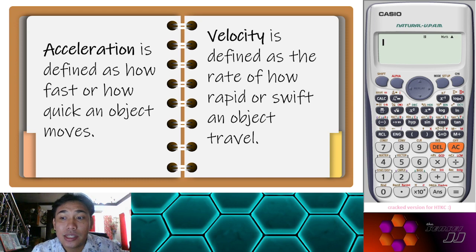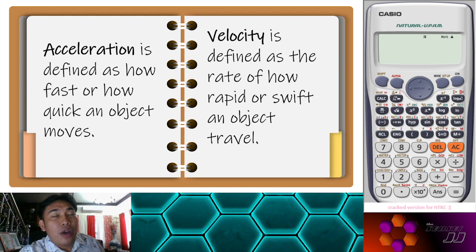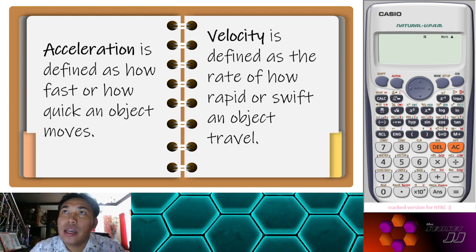So velocity is the distance incurred per unit time. When you ask for velocity, it is how fast you can get from one point to another in a given time. That's why it is measured in meters per second or kilometers per hour.